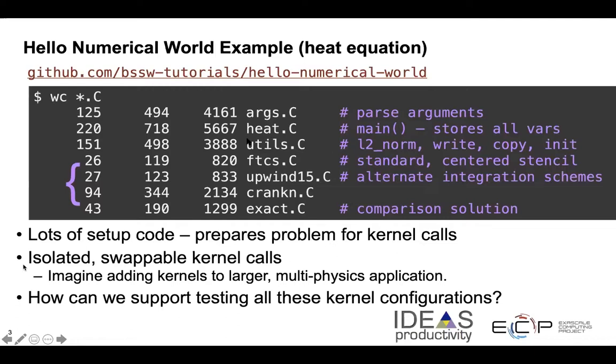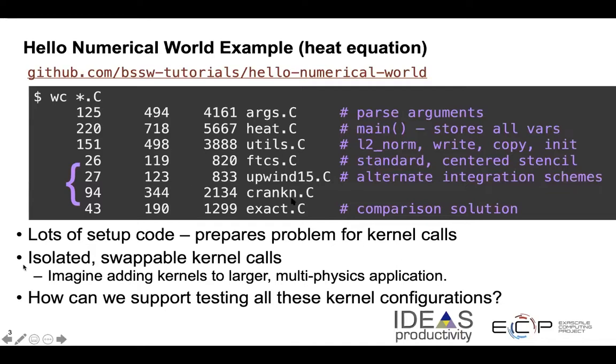What's included in Hello Numerical World are argument parsing, a main function that runs the heat equation, and some utilities. And then the important stuff: this code is designed in a way that specifically modularizes the kernels.